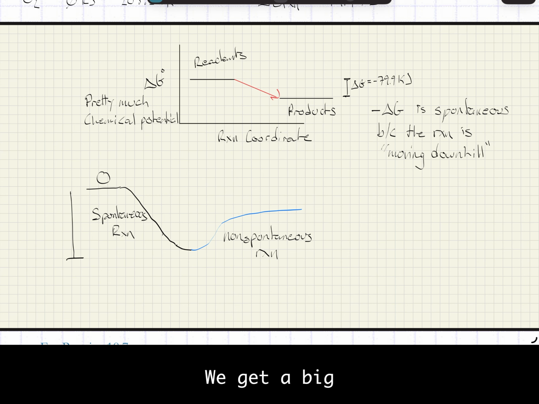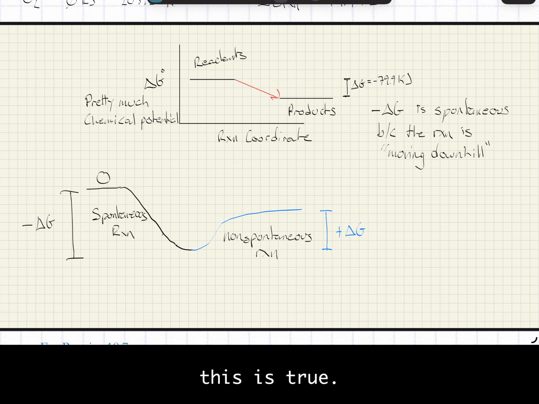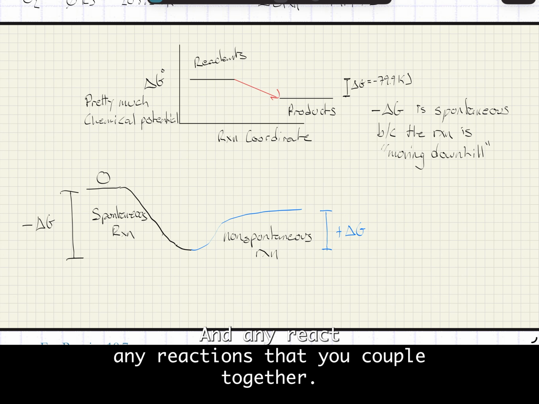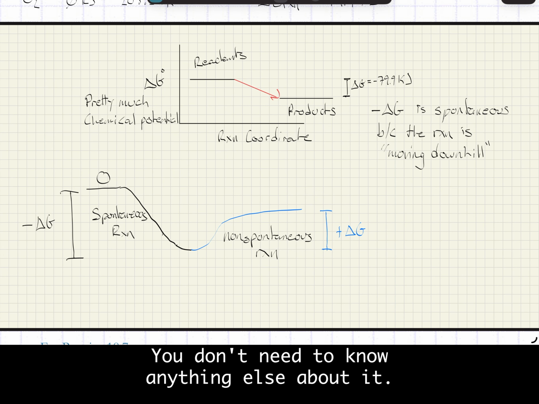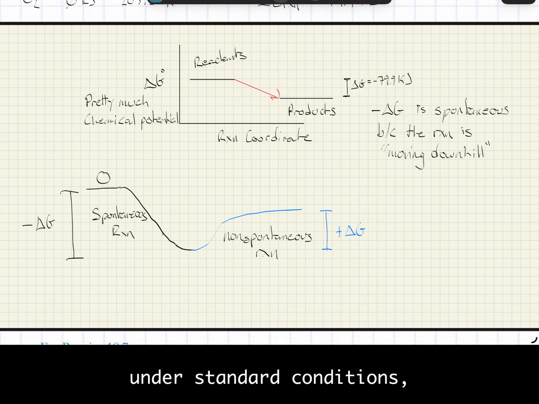We get a big negative delta G coupled with a smaller positive delta G. And at least under, again, standard conditions, this is true. Any reactions that you couple together, you don't need to know anything else about it. If you can put those reactions together under standard conditions, the reaction will happen.